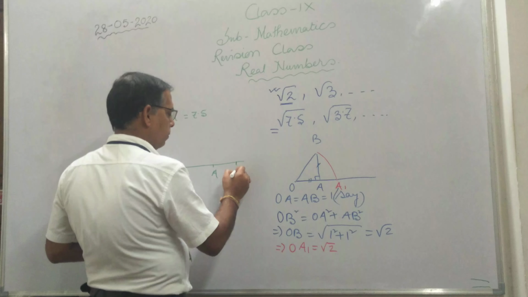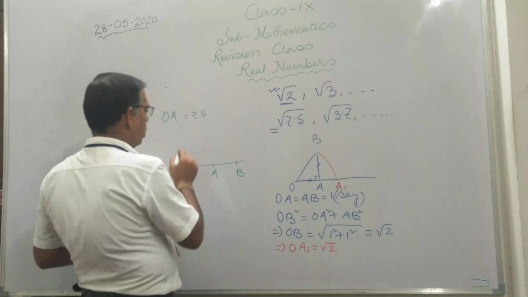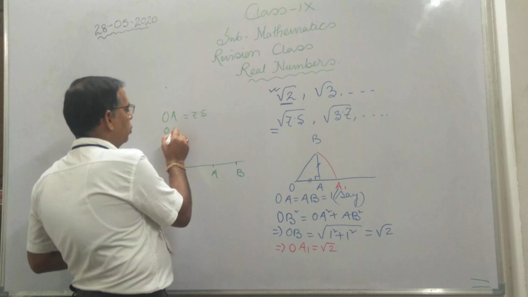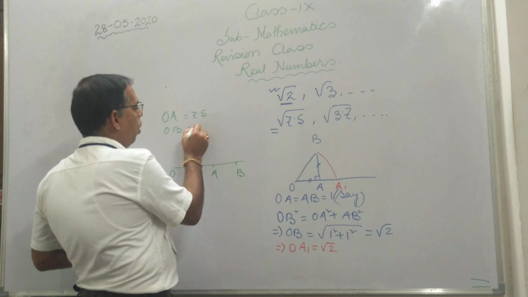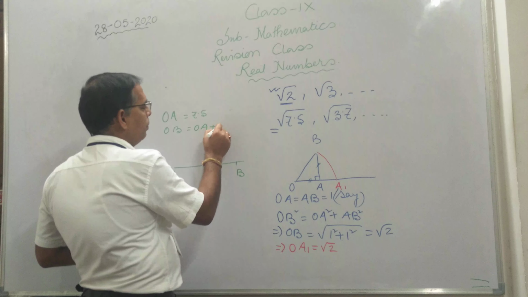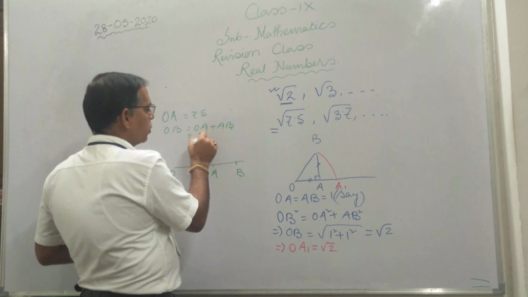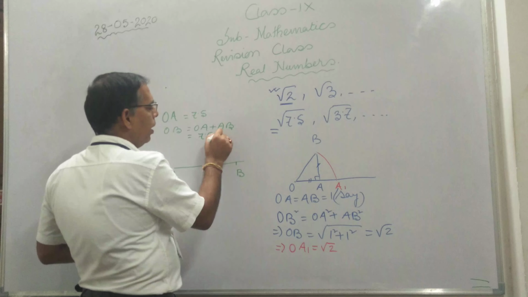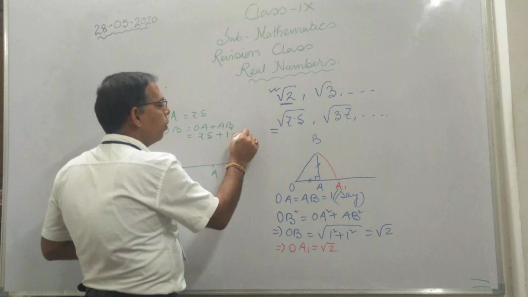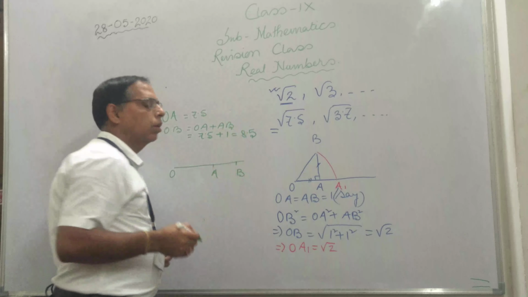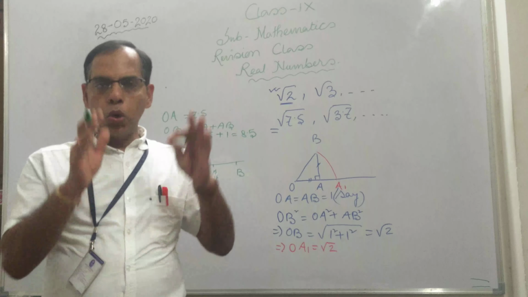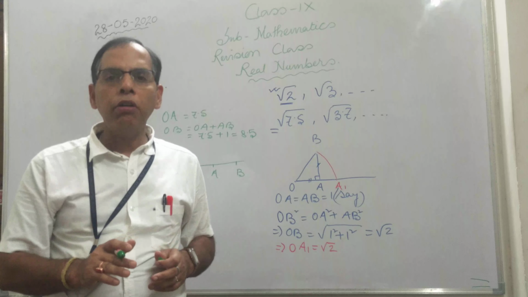Suppose this is B. Then what is the length of OB? OB equal to OA plus AB. And AB, how much I told? AB is 1. 7.5 plus 1 equal to 8.5. So OB, the total length, is 8.5.